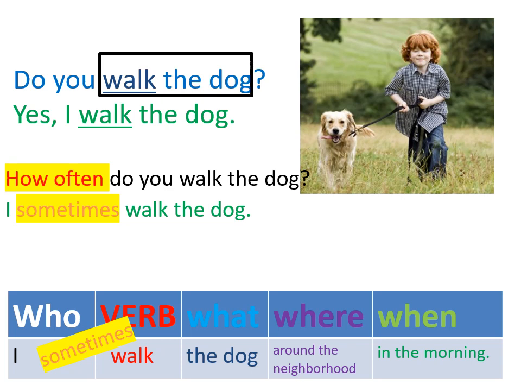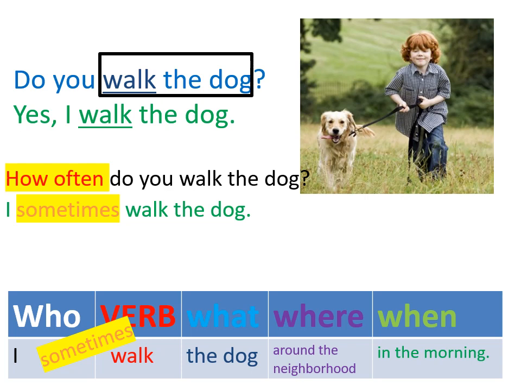So last time we answered yes or no questions about free time activities. For example, the blue sentence says, "Do you walk the dog?" One way you can answer is yes, I walk the dog.